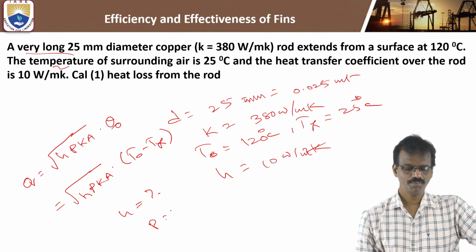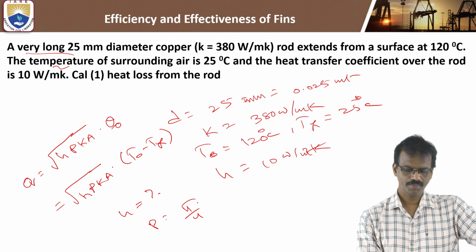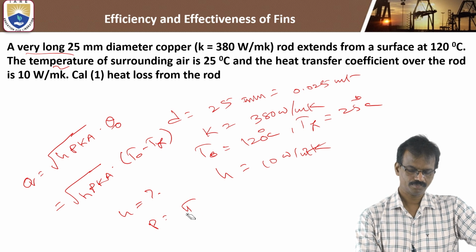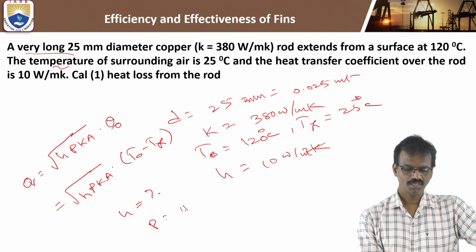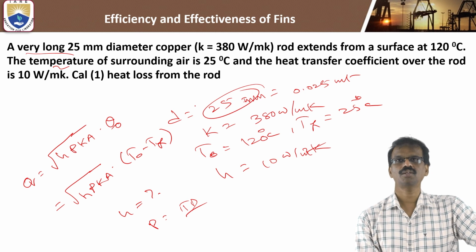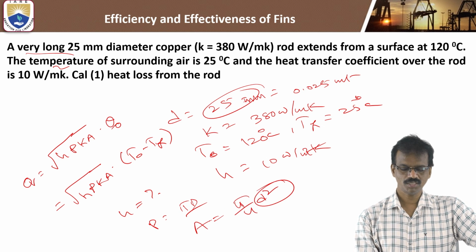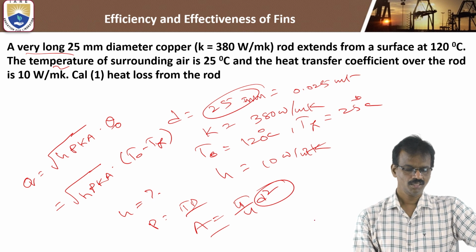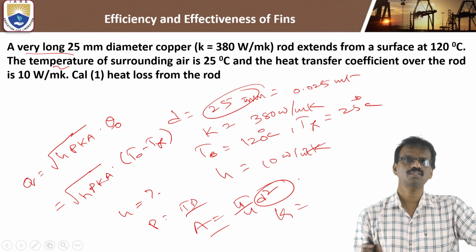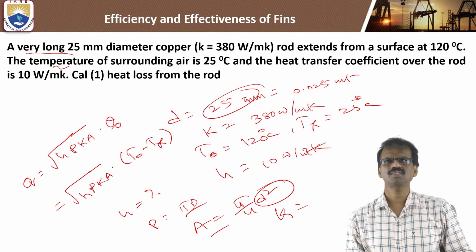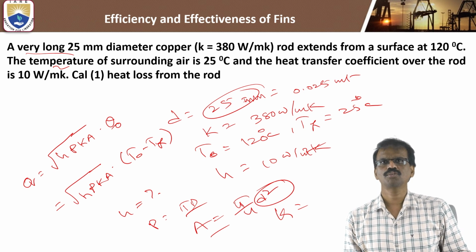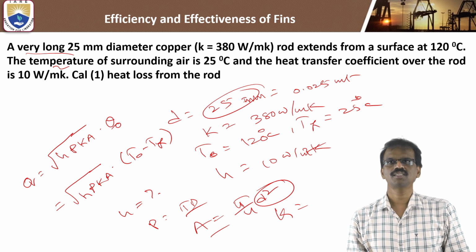The perimeter P is equal to pi d, and the cross sectional area is pi by 4 d square. Since d is given, you can find the area, and thermal conductivity K is also given directly. Then you can substitute these values and you will get the rate of heat transfer. This is a simple formula, so you can solve many problems based upon these three pins.